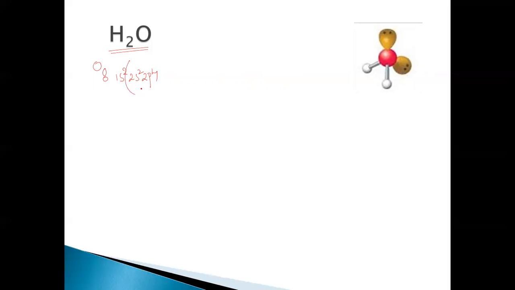So the number of valence electrons is 6 here. When we come to the steric number, it is half into 6 plus the number of atoms bonded, which is only 2 here, so half into 8, which is nothing but 4 here.